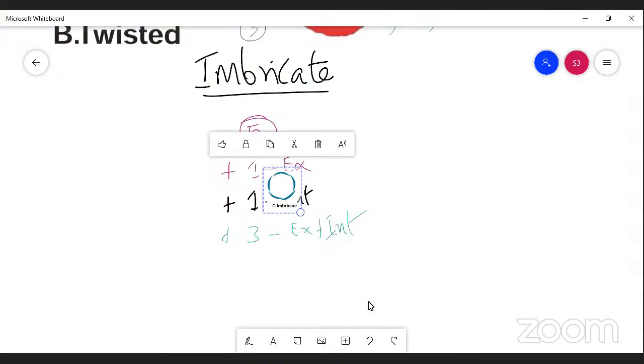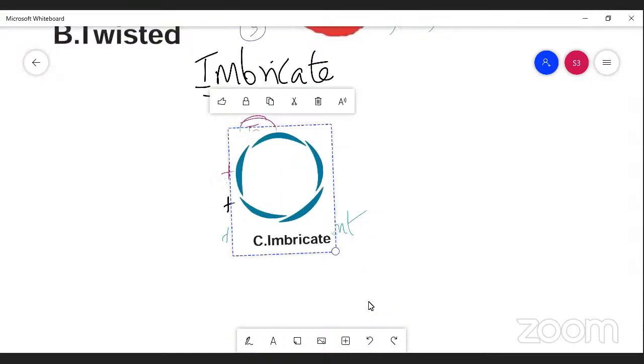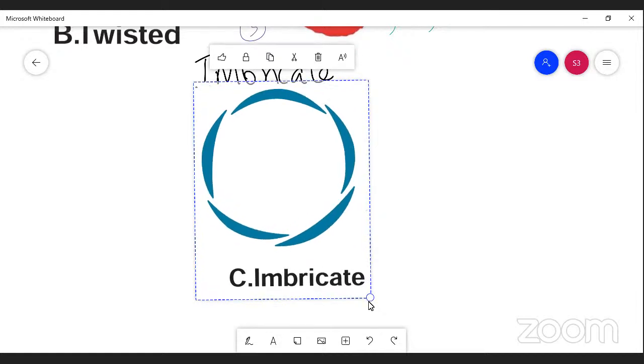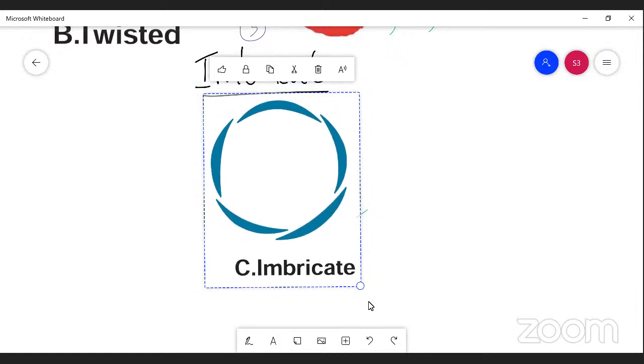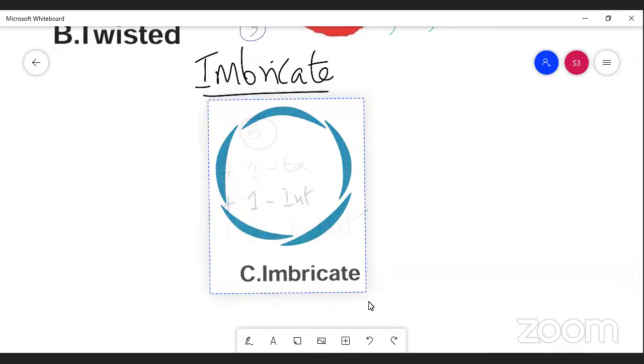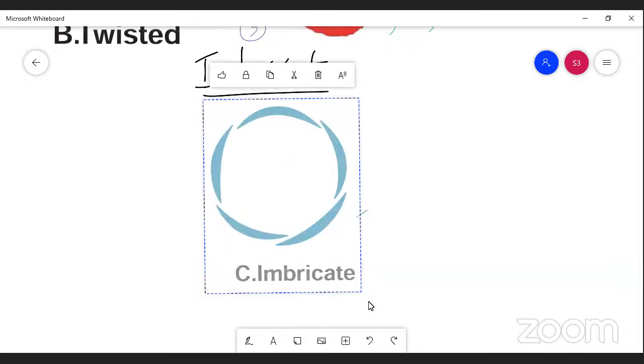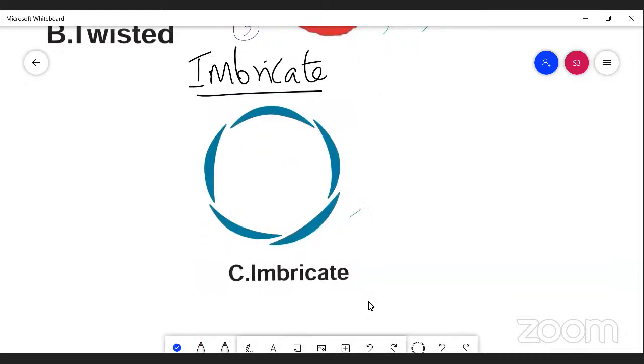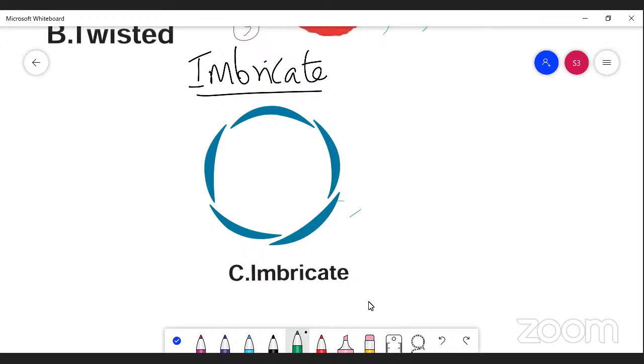As I said, my dear students, please understand, it is a type of aestivation in which there will be 5 sepals or 5 petals, in which one is totally exterior in condition. I am talking about the arrangement of sepals or petals. Another one is totally interior in condition.